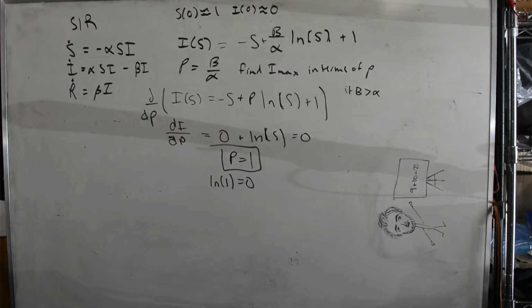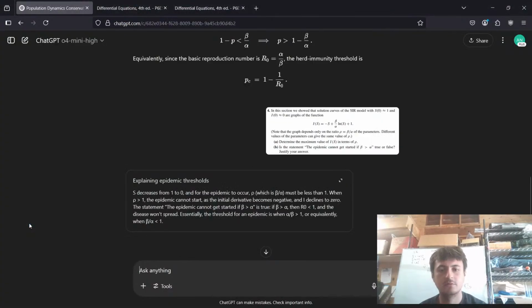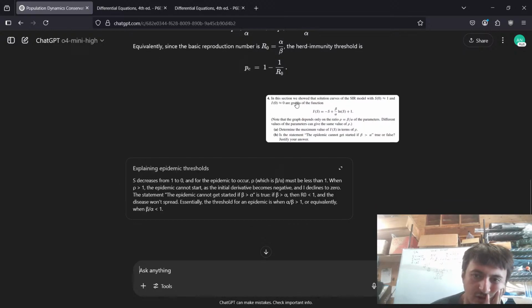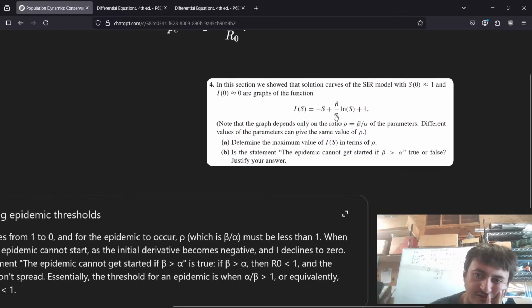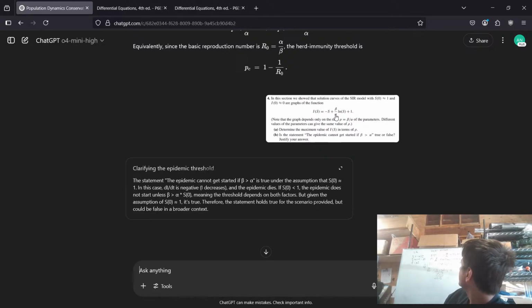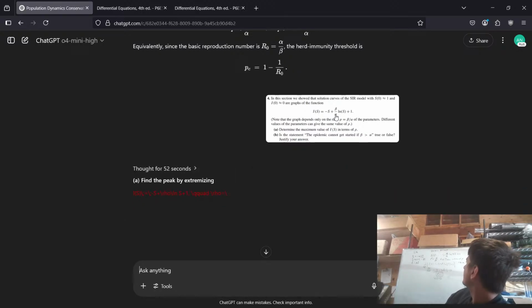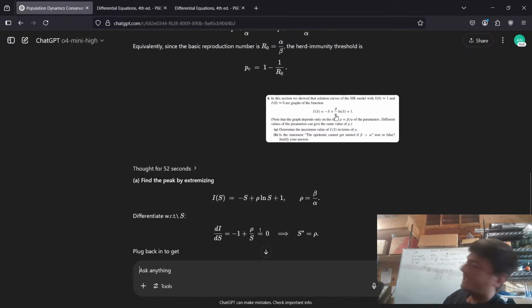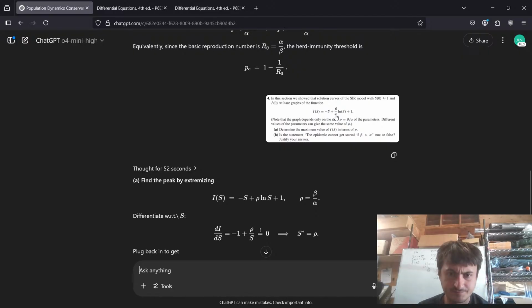Oh, I did 4 wrong. 4 is wrong. Okay. Yeah, 4. I think you need to take the derivative with respect to S. No, wait, that doesn't make sense because then you just get back the original differential equation, right? Which is minus 1 plus rho.